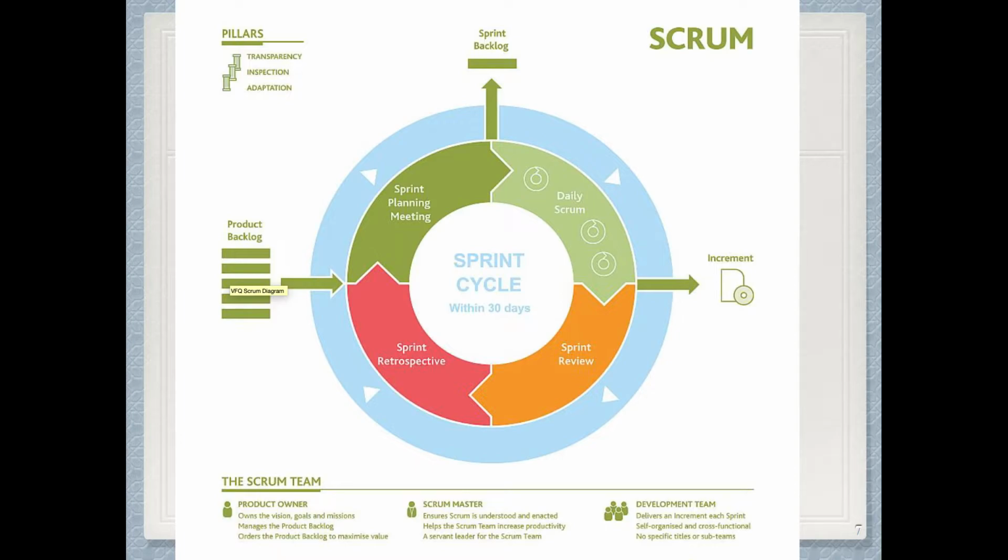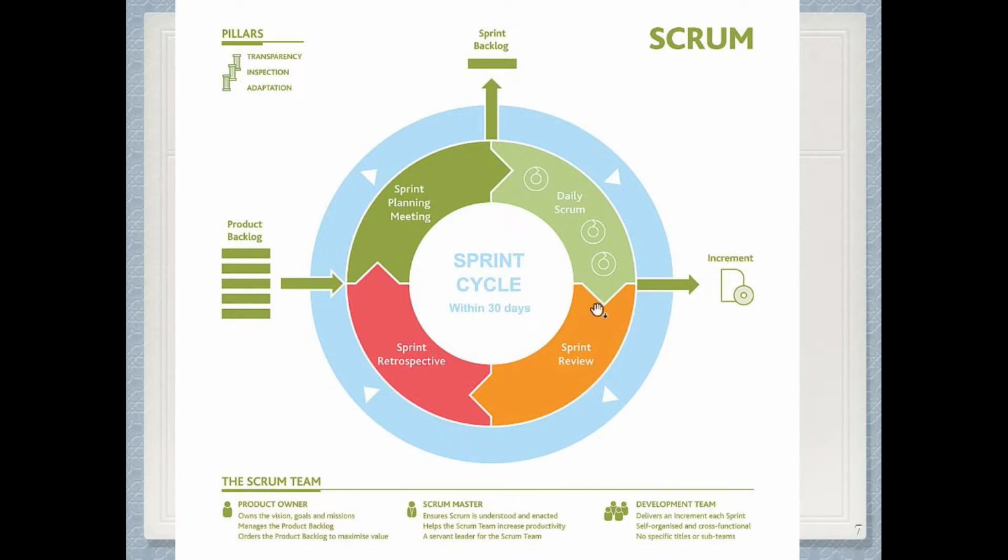And then we pick the ones that we can finish in 1 sprint, and then we create a sprint backlog. After we start, we would have a daily Scrum meeting. We'll talk more about it. And then at the end we have a finished product that can be released to the user, and then we will have a review meeting and retrospective meeting.